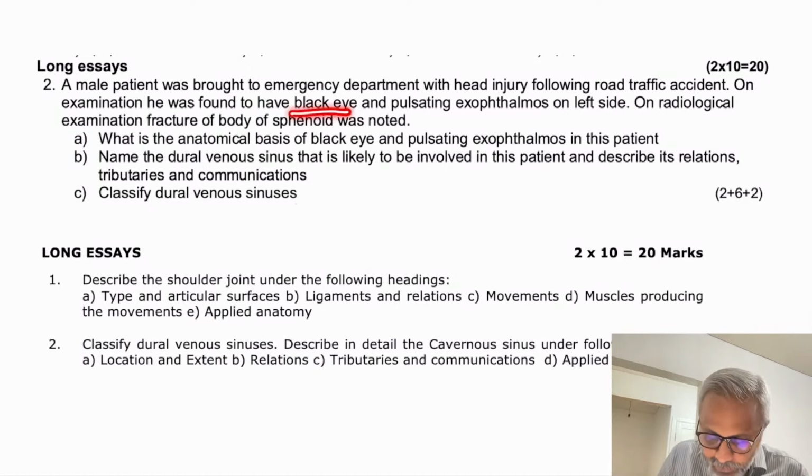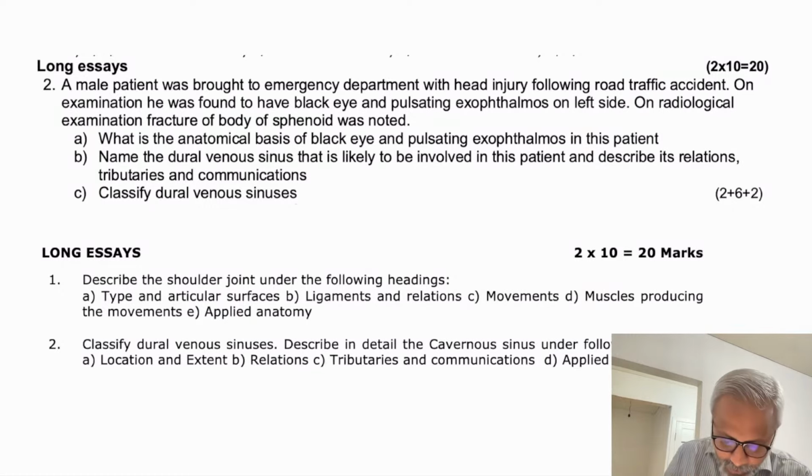So a patient presents to emergency with black eye and pulsating exophthalmos. On radiological examination, a fracture of the body of the sphenoid was noted. Let's read the questions now. What is the anatomical basis of black eye and pulsating exophthalmos in this patient? So remember, the first part of the question is trying to ask about the anatomical basis for black eye and pulsating exophthalmos.